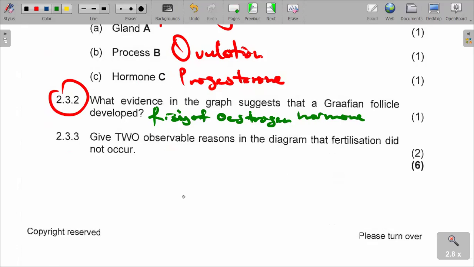Also, we can possibly have a reason that I can say, that we are also seeing the release of a mature egg, the release of the mature egg, which we say is ovulation.